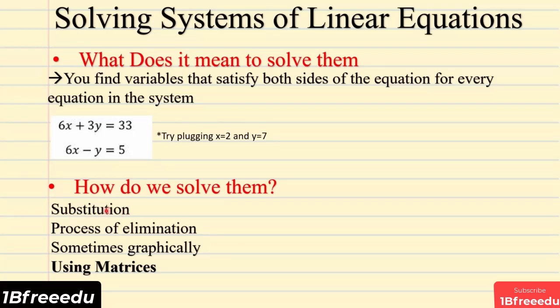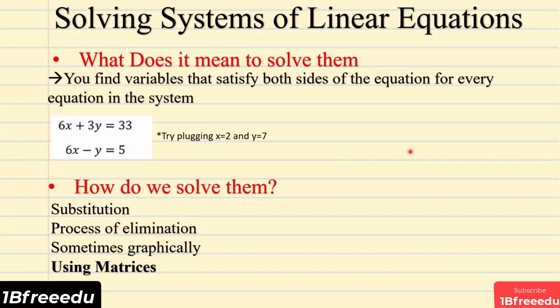One of them is the substitution method, where we solve for one variable, substitute into the other equation, and solve for the other variable. Another is the process of elimination, which allows us to cancel certain variables by adding or subtracting a multiple of an equation to another equation. And if we are lucky and we are dealing with 3 or fewer dimensions, we can often graph these equations and see where they all intersect.